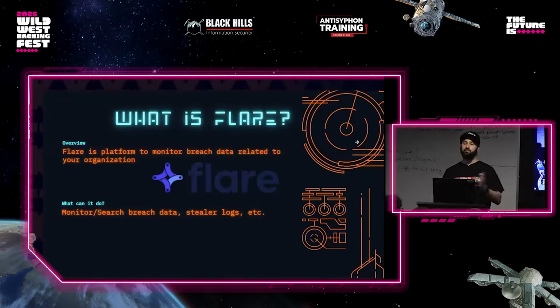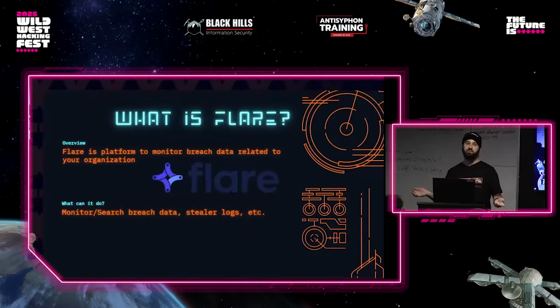So what is Flare? Flare is a really awesome platform to monitor breach data and check if your organization, or one of your employees, has been breached. You can check emails, you get alerts, and a lot of really good monitoring, but you can also search not just yourself, but other organizations as well.